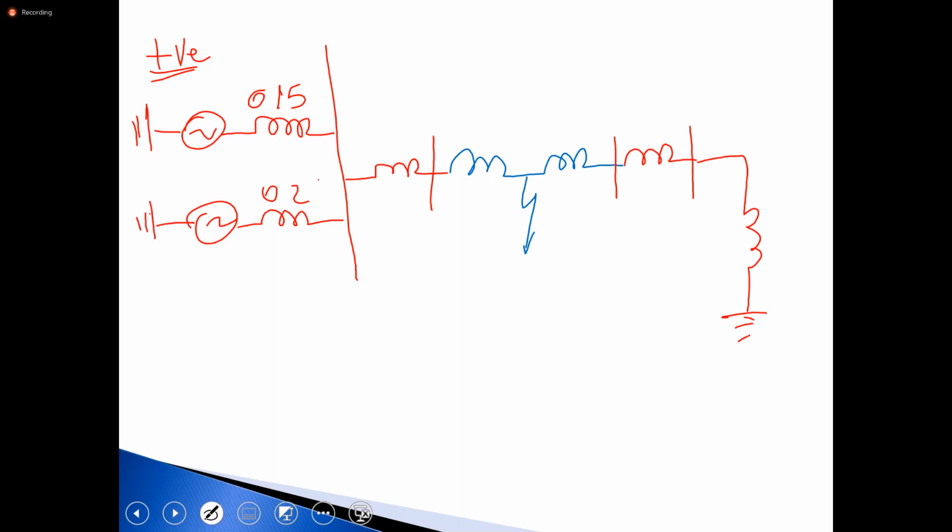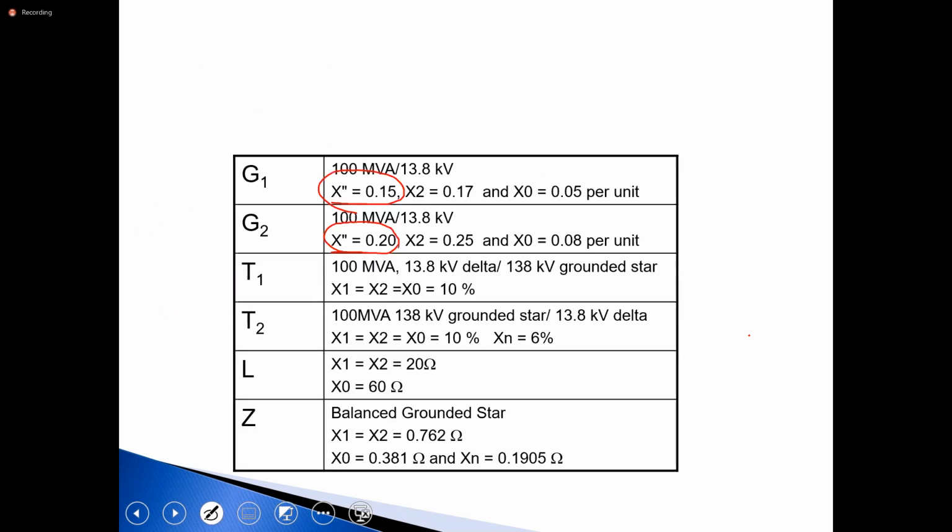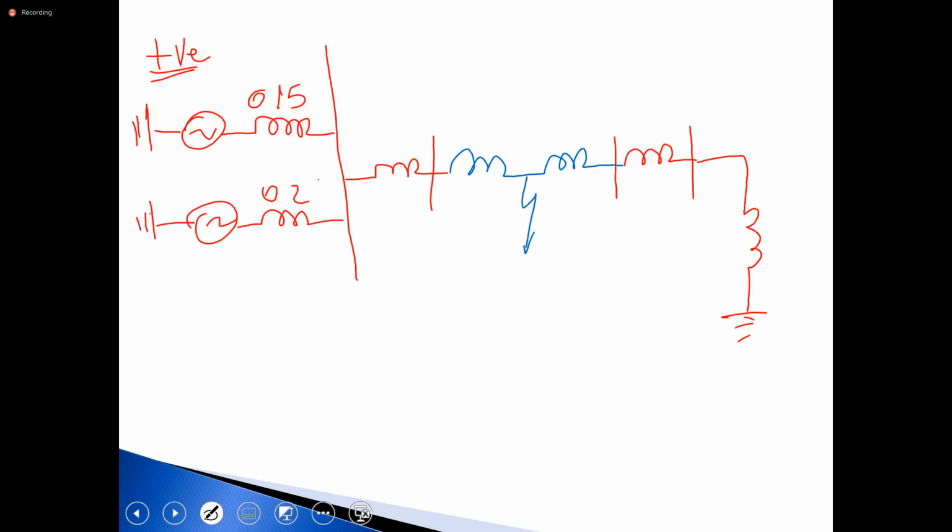So the values we had, let me go back for the values. T1 was 10%, T2 was also 10%, so T1 was 0.1 and T2 was 0.1. For the line, we now need to find V base. V base is 138, and S base is 100.